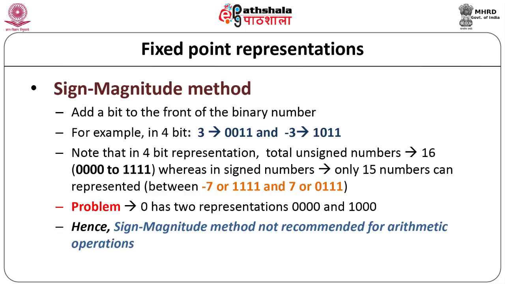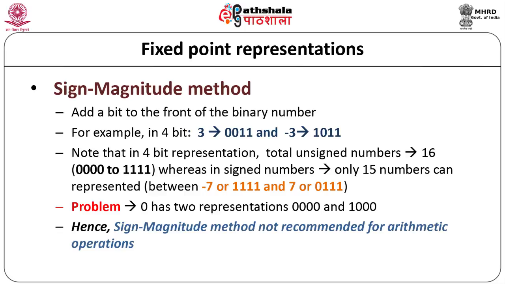Notice in 4 bits we can store 16 numbers in unsigned magnitude, that is from 0000 to 1111 or decimal 0 to 15. But in the sign magnitude method we can only store 15 numbers between minus 7 and plus 7. So, we lose a number.